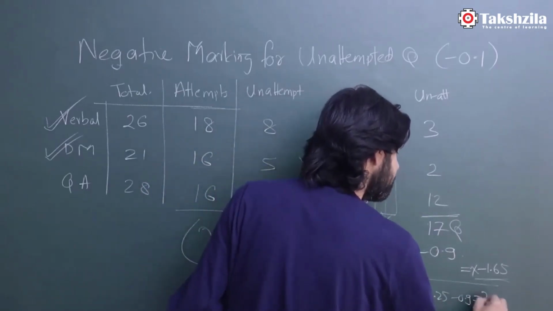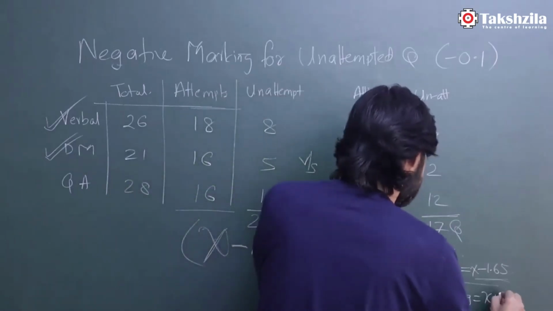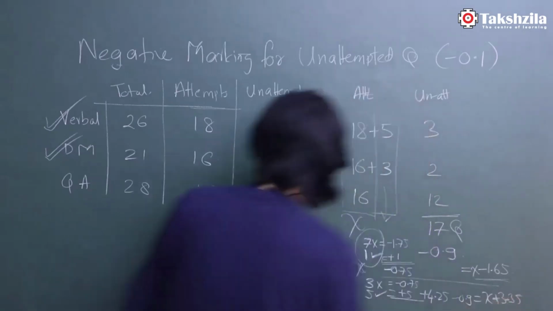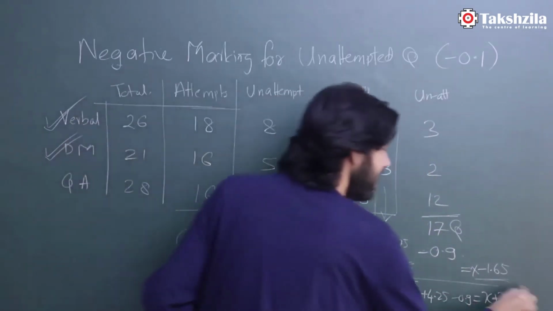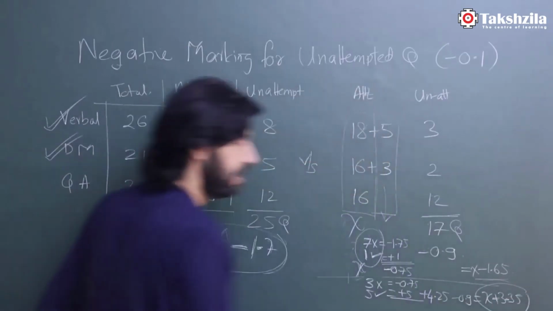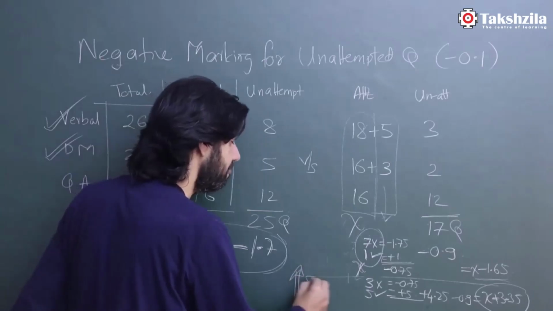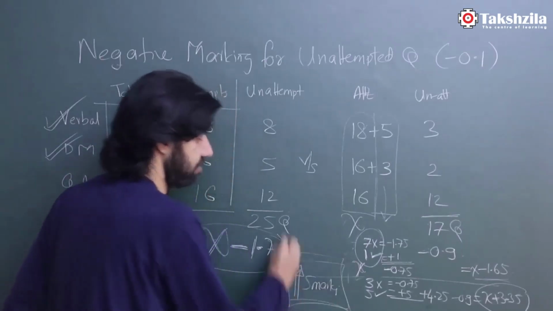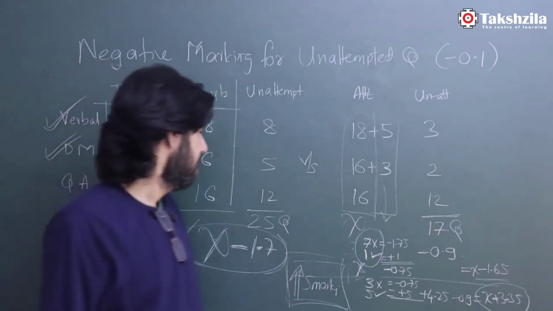So your net score is going to be X plus 3.35, and instead of X minus 1.7 you have X plus 3.35. That means your score has gone up by 5 marks, and 5 marks is a huge thing, students. 5 marks is a big difference here, right?